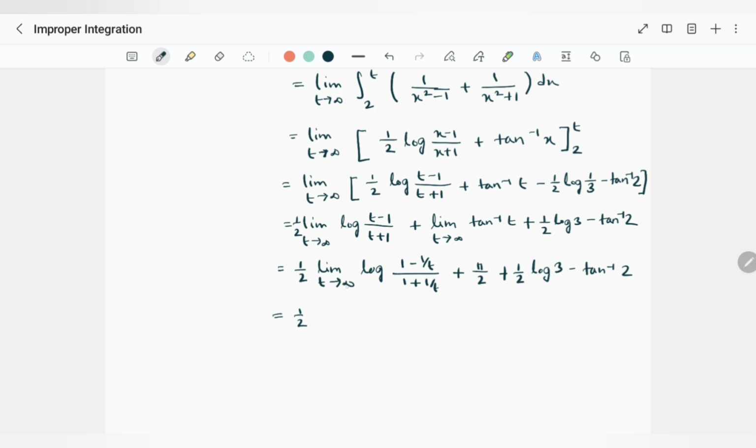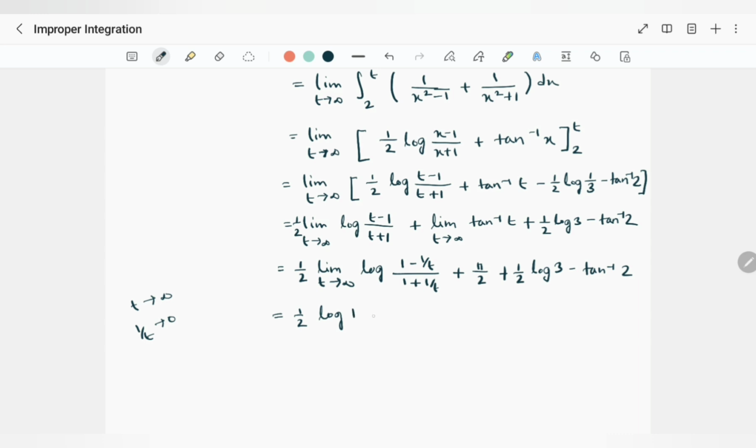now if we put the limiting value, if t tends to infinity, we know that 1 by t tends to 0. So this is log (1 minus 0)/(1 plus 0).